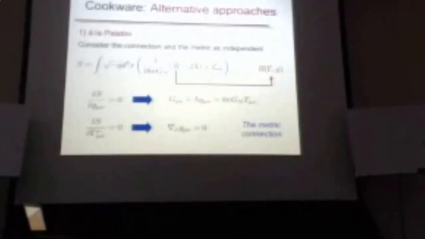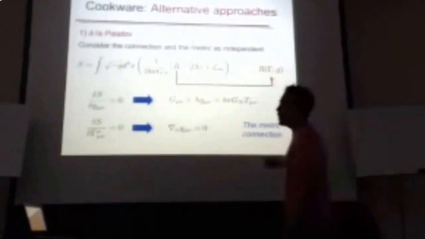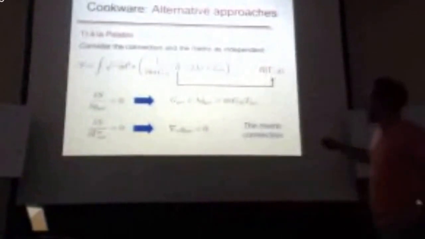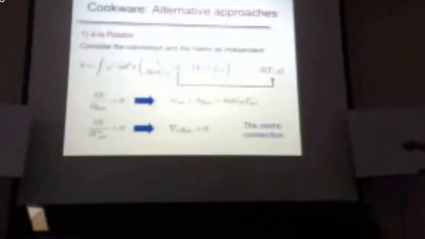Basically the idea is to say, okay, remember I had these Christoffel symbols, which were the connection in terms of the metric. So what I can do now is to think that the connection is not related to the metric, and I can take it as an independent object. So I can extremize the action with respect to the connection and with respect to the metric. That means this Ricci scalar is written in terms of the g and the gammas, but I'm not relating the gammas to the g's.